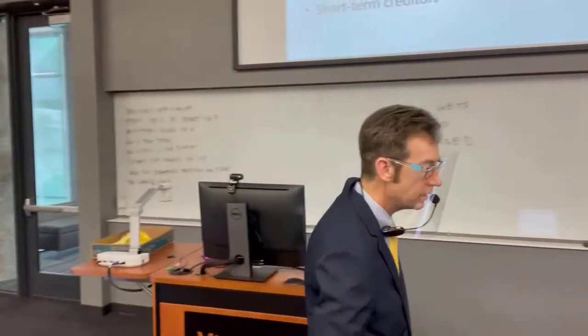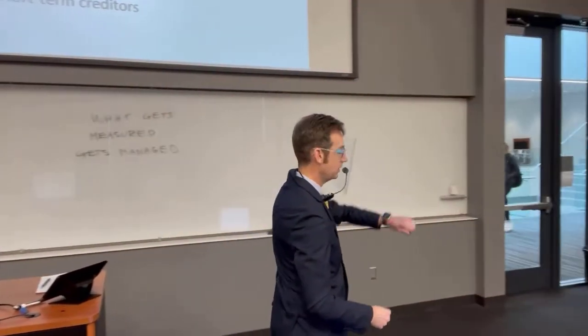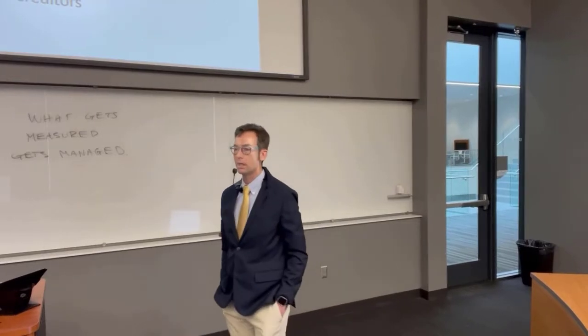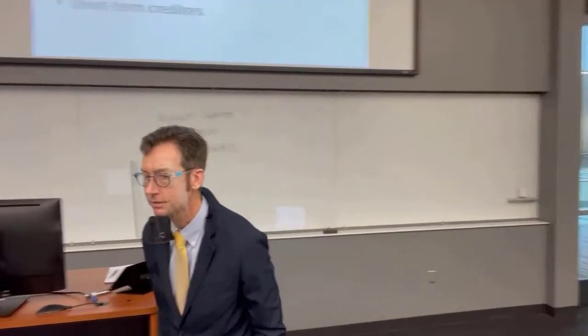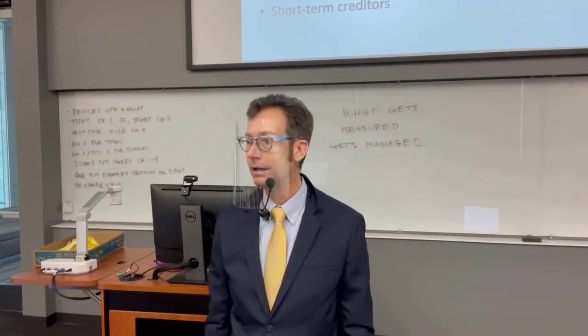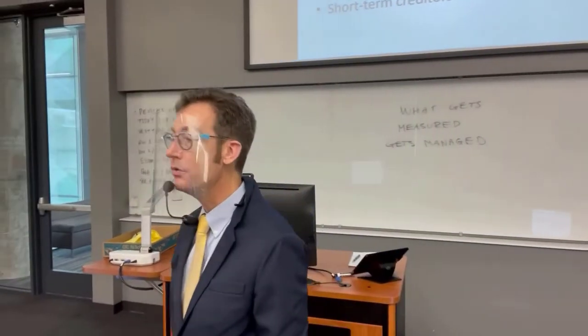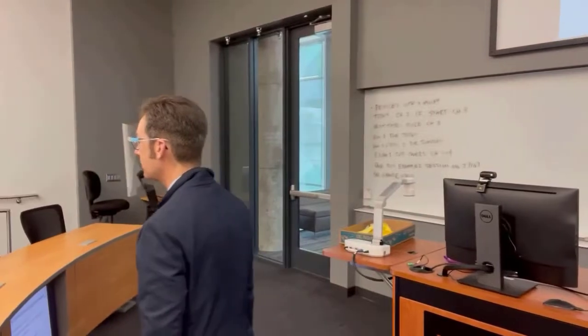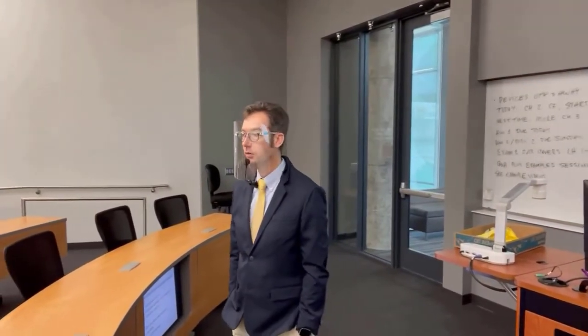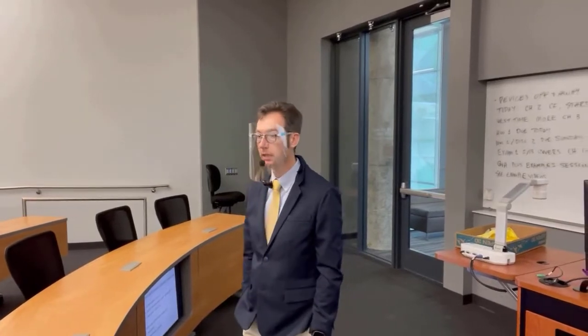Okay. Now, who's going to care about these measures? Well, first of all, suppliers. Why would suppliers care about your ability to pay bills within the next year? Yeah, they're loaning you money on a 30, 60, 90-day basis. If you are good for the next year, you should be able to pay your bills to them.